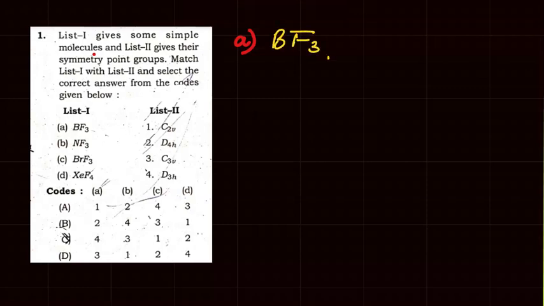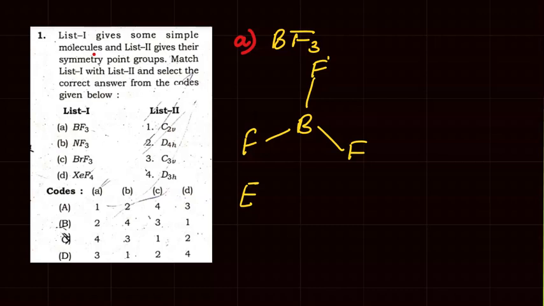boron trifluoride. Now if I talk about the geometry of boron trifluoride, it is trigonal planar. Now we have to find out the symmetry elements present in this molecule. We know that the identity element is present in all molecules. Now, we have to find out the principal axis of symmetry.